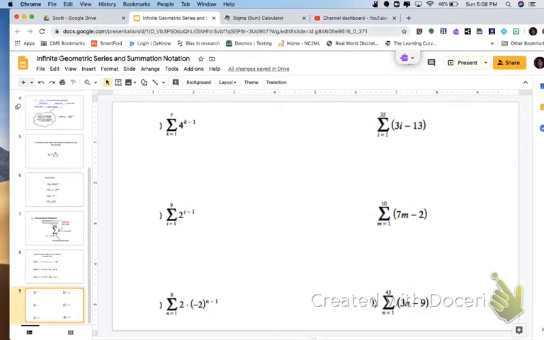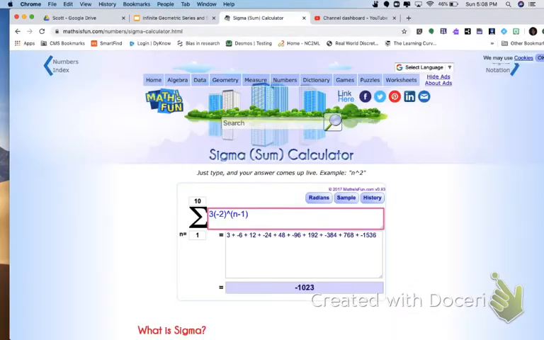The one that I have pulled up on my computer today is the one under Math is Fun. And you see that they have this labeled using n, and our first example had k. So again, the variable really does not matter. You just want to make sure that whatever your calculator is using is the one that you use.